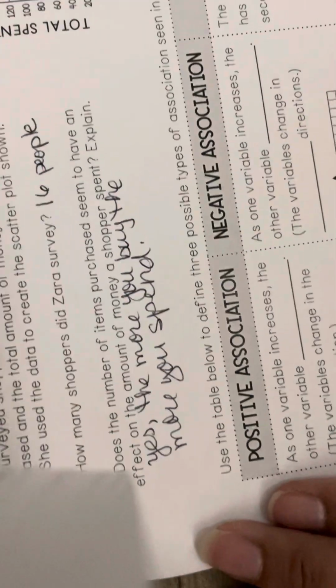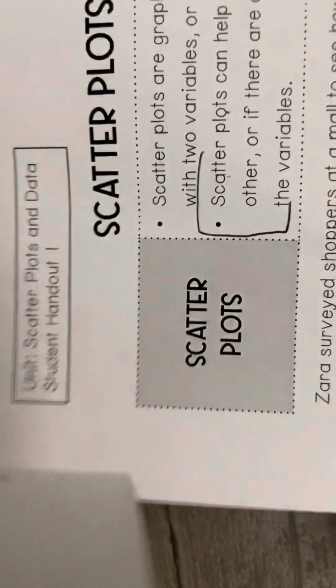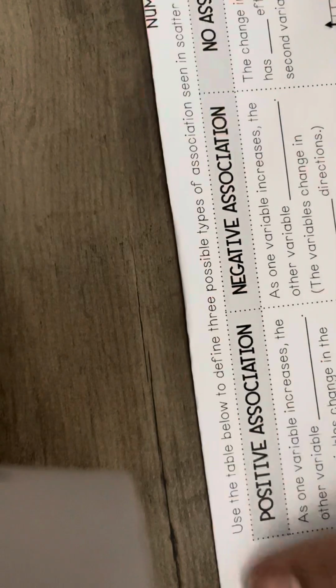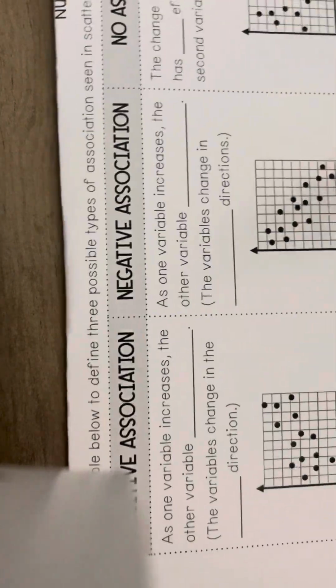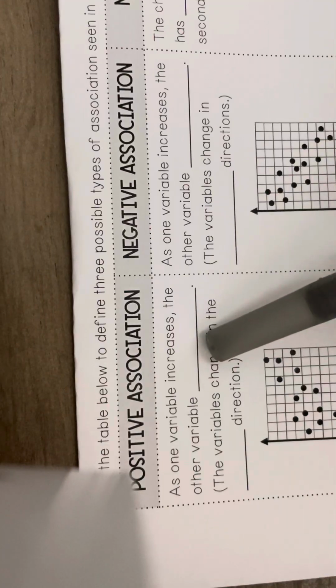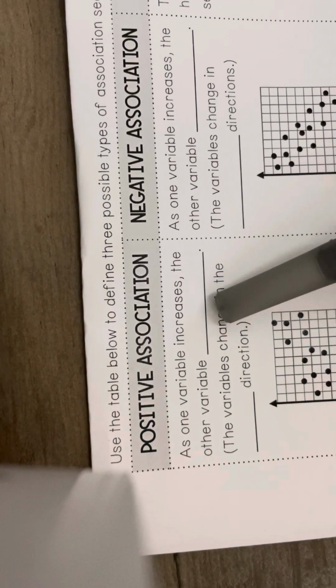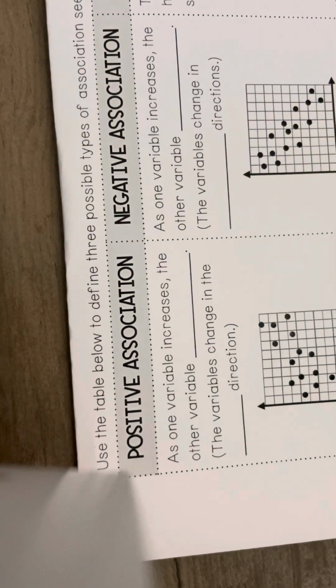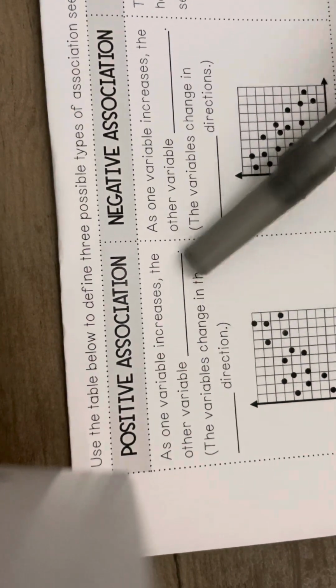So let's talk about the different types of correlations that there are. I'm going to fold my paper so you can see it on camera. Okay. So there's something called a positive correlation. That's like the one we just did, that the more you buy, the more you spend. So you'll see these dots kind of going up, okay?